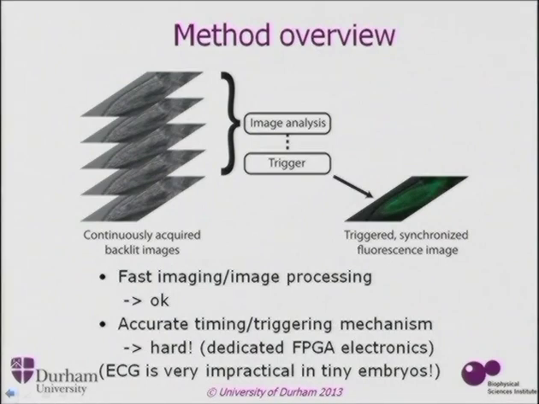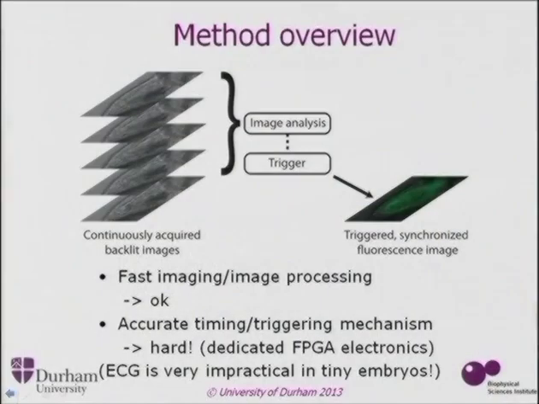So we take a series of images from that infrared image, and we record them at around 100 frames a second. It's not very fast, and we just use a very cheap camera. We record those images, but we do some image analysis on it, and then we can trigger the camera, and in fact the laser that puts the sheet of light in, so just before the heart is going to be in the same position, we put the sheet of light in and take the picture.